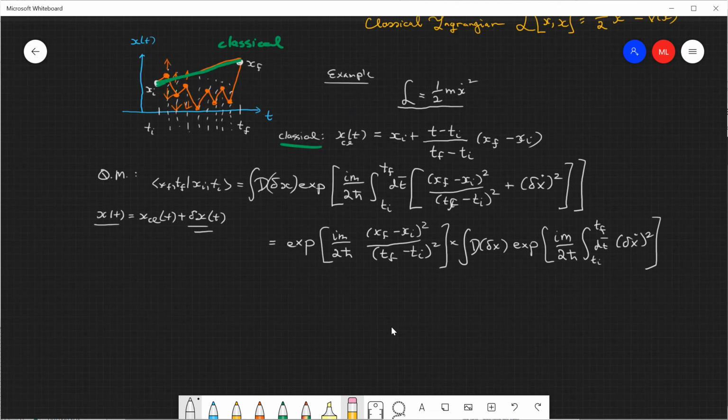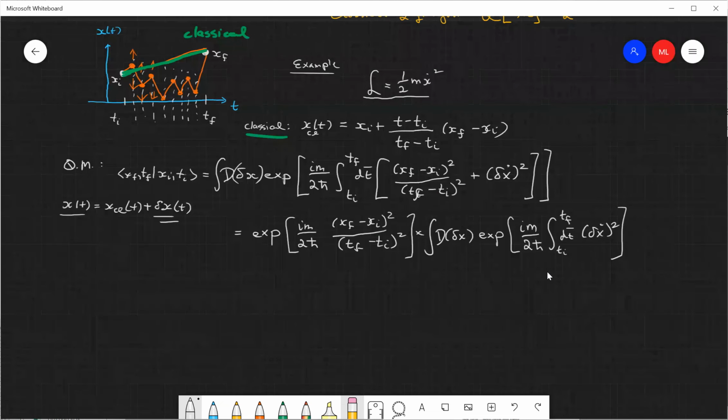So what else? Now we would have to do this leftover integration. The issue is that this is kind of a hard integral to do, right? Because you're integrating over all possible functions delta x.